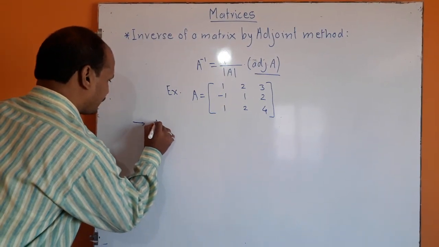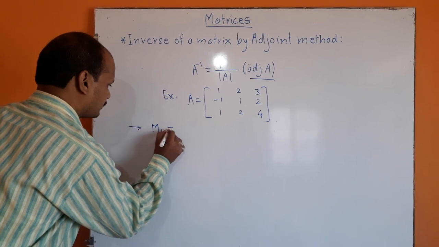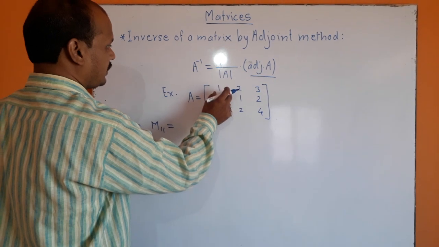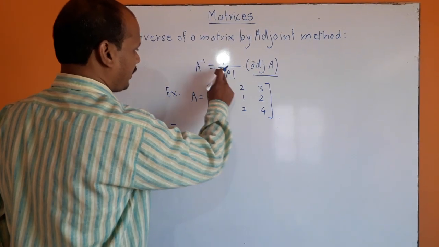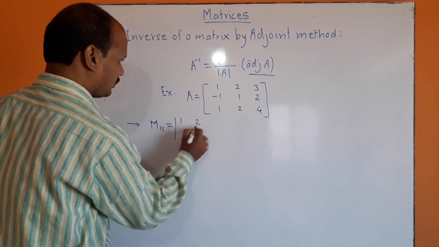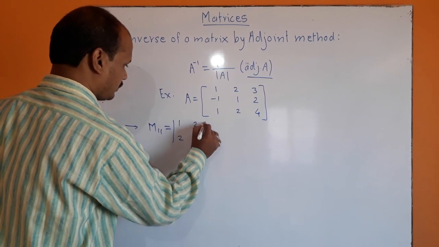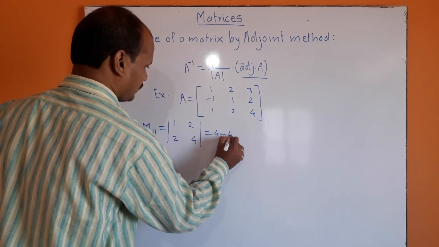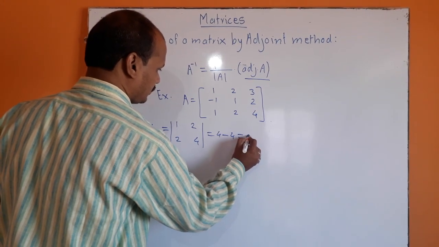Consider minor of 1, M11, the minor of the first element in the first row and first column. Striking off the first row and first column, we get determinant [1 2; 2 4], which is 4 minus 4, equal to 0.